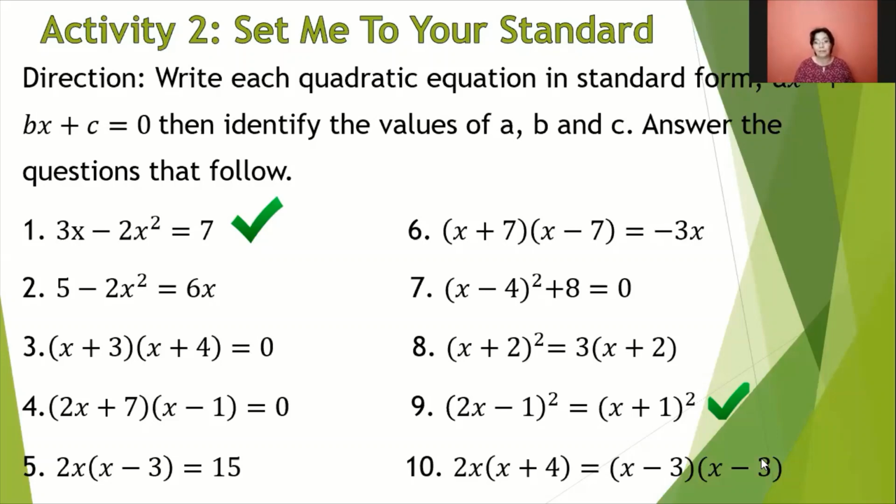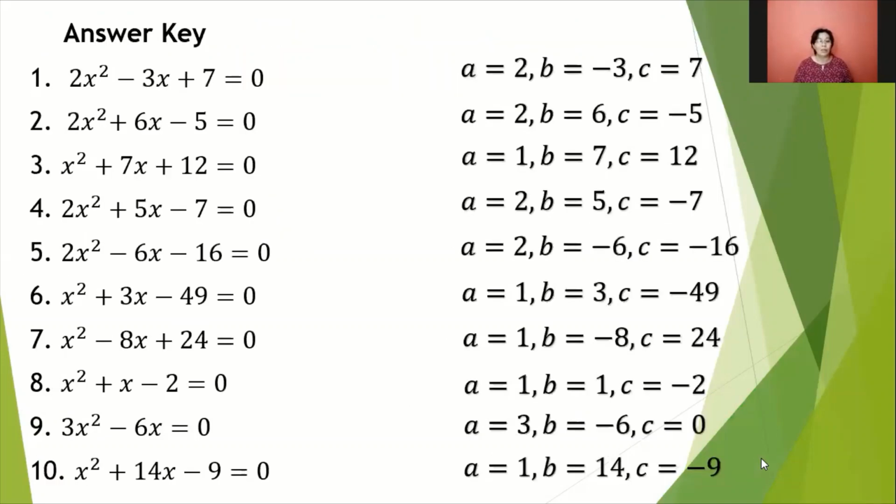Okay? And that's all. Here is the key to our activity. You have to assess yourself. You have to recheck your work. Check your work. Reflect again. And go back to the solution.